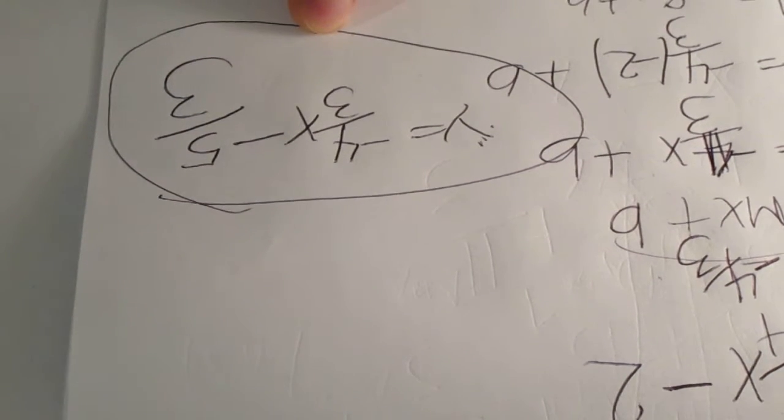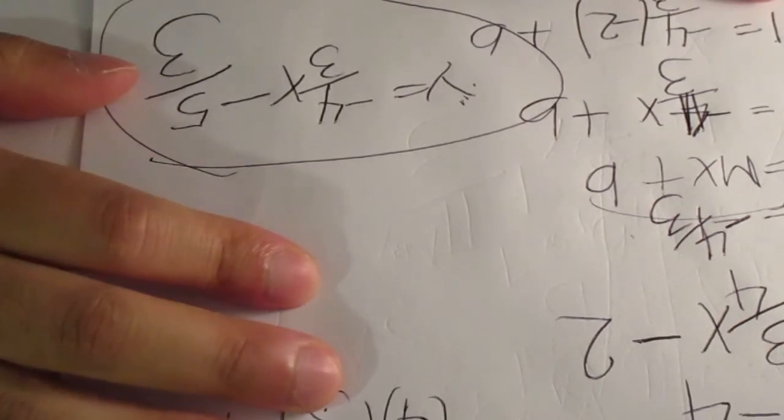Okay, so we could do more examples, right? We know how to do the linear equation, and we know how to make sure it's parallel and perpendicular. Okay, let's do another quick example.